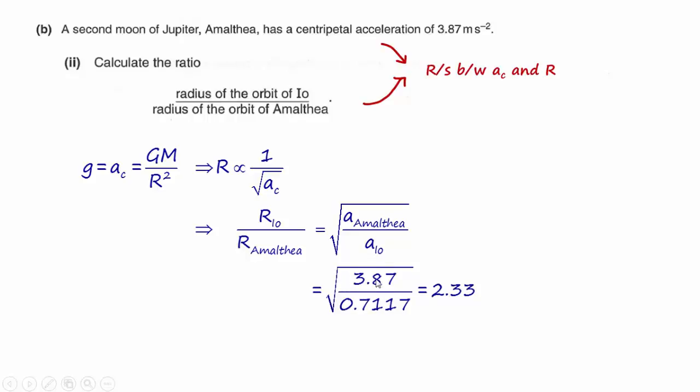From earlier, the question has given us that the centripetal acceleration of Amalthea is 3.87, and from our earlier calculation, we have the centripetal acceleration of Io to be 0.7117. Putting it into the equation, that will give us 2.33 as the final answer. So this brings us to the end of question 4.